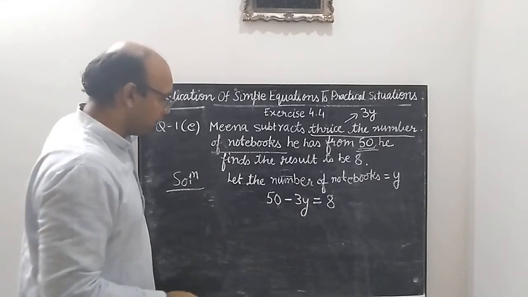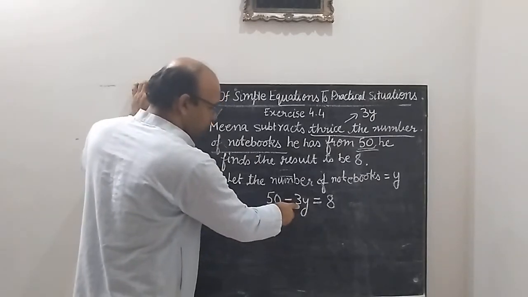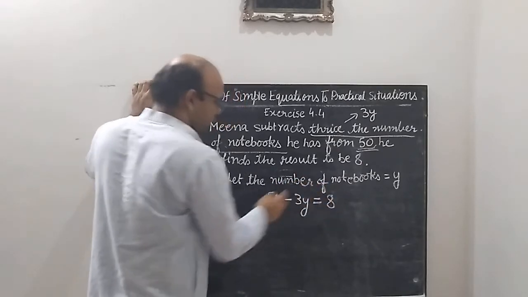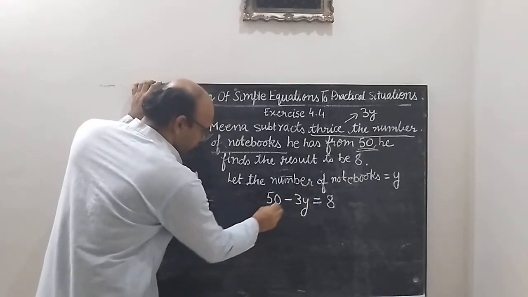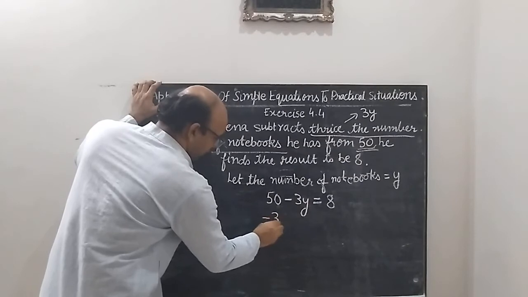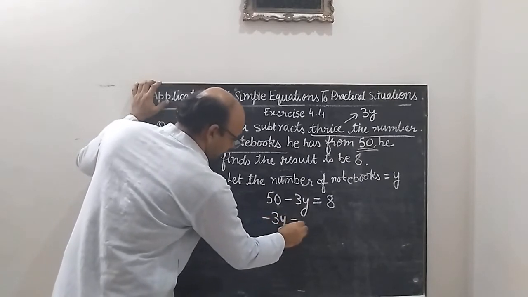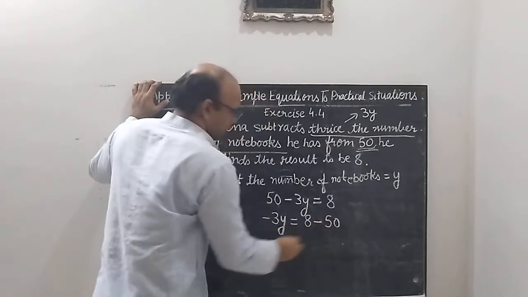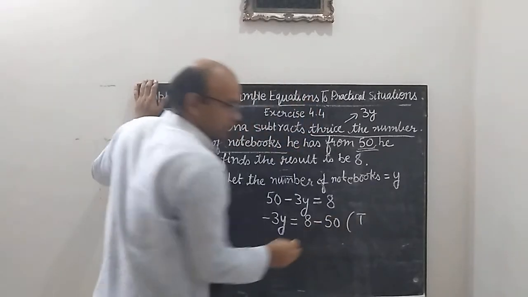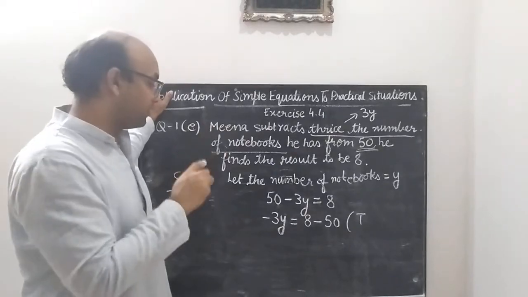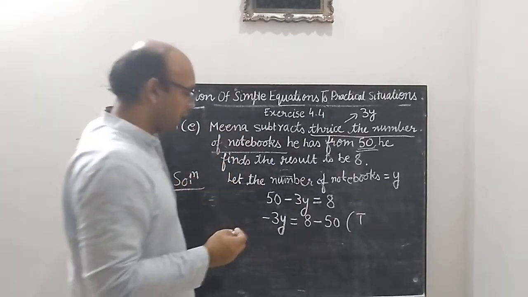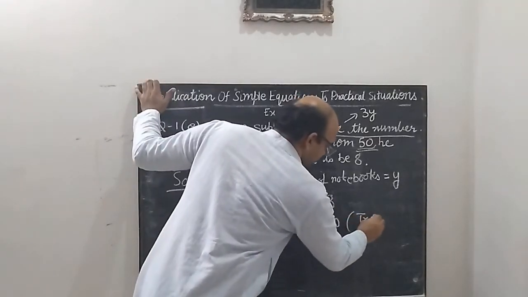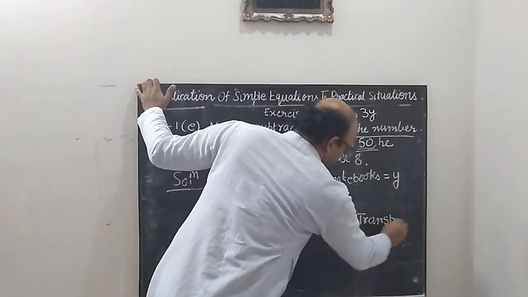Now what has to be done is, we keep the variable on one side and take the constant on the other side, so we transpose 50. So we have minus 3y is equal to 8 minus 50. We have transposed 50 to the right hand side.